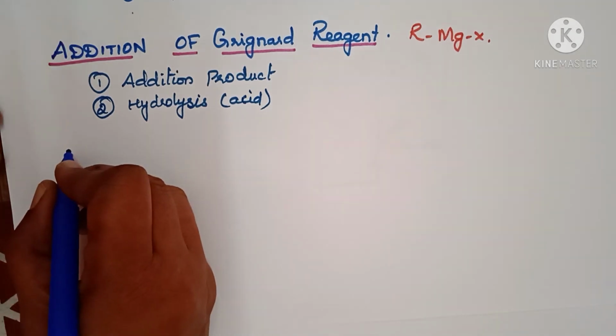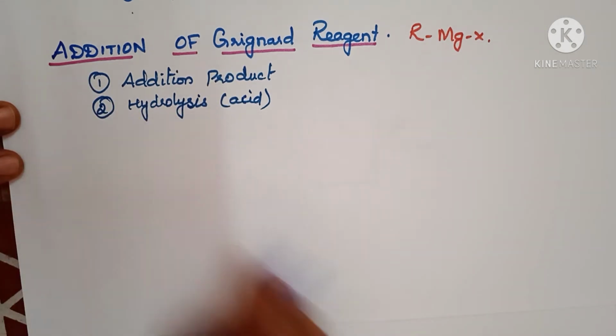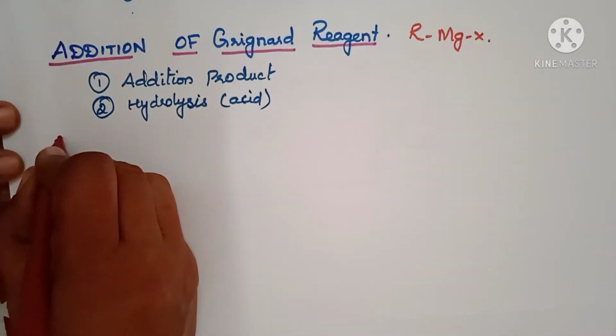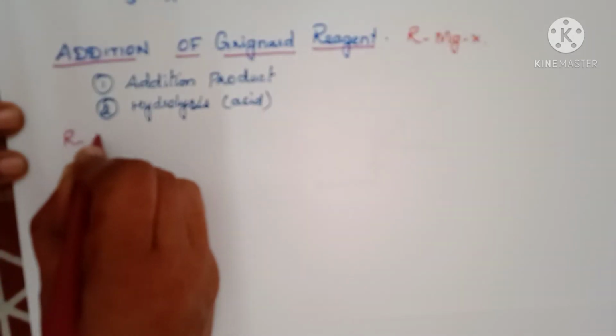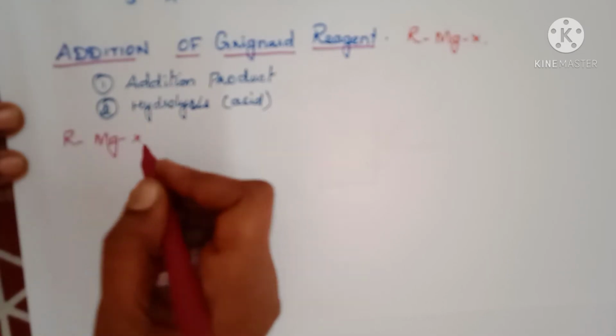The main heading is the Grignard reagent, RMgX, an alkyl or aryl magnesium halide.